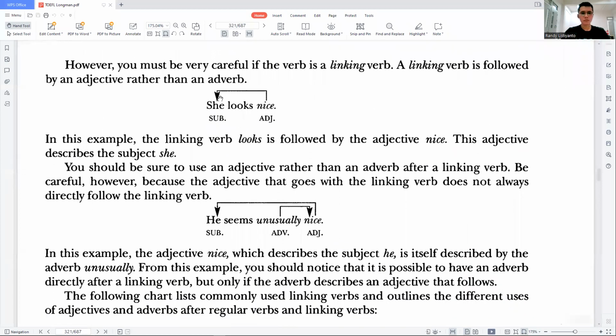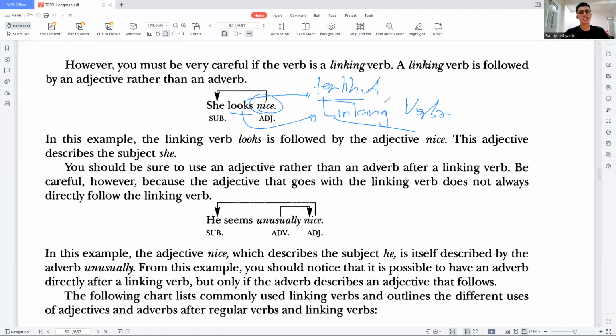The previous example mentioned that she spoke nicely. Let's see this: She looks nice. Looks here is a linking verb. In Bahasa, we call it terlihat.